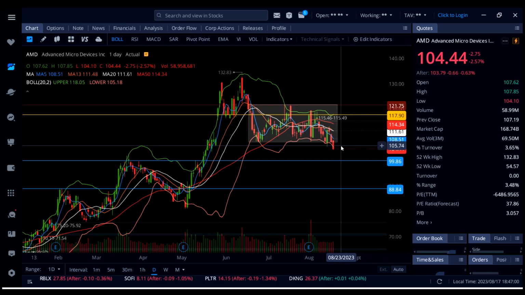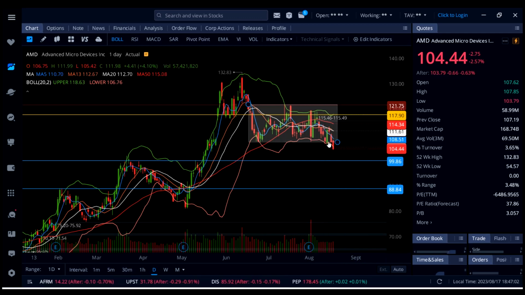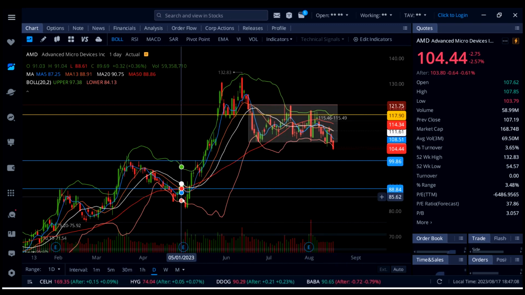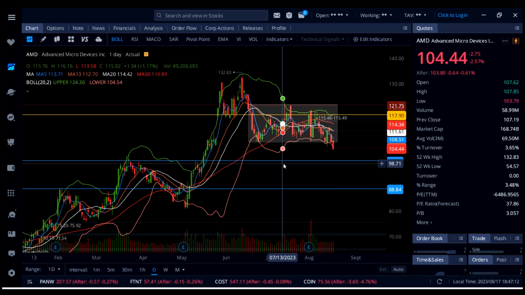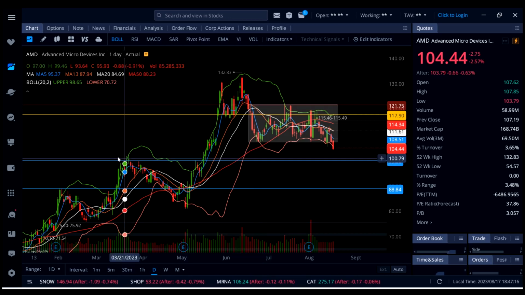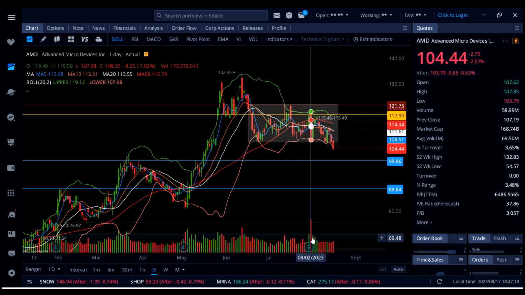That is possible. So watch out for that on AMD. To the downside, definitely the next stop all the way down to flat 100, and I think it's coming here on AMD stock. You're going to see AMD hitting flat 100 and possibly going even under this big level of support 100.